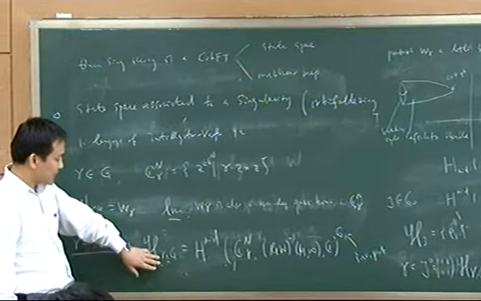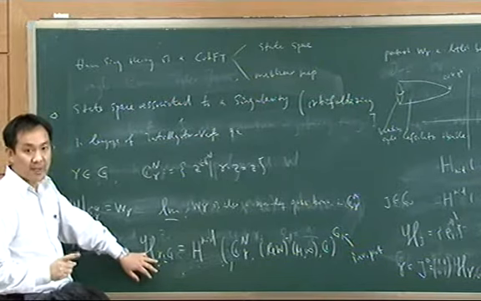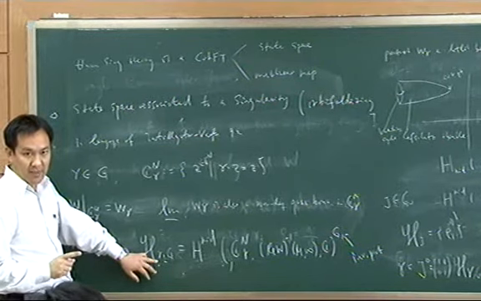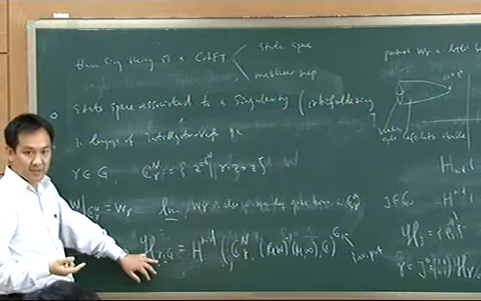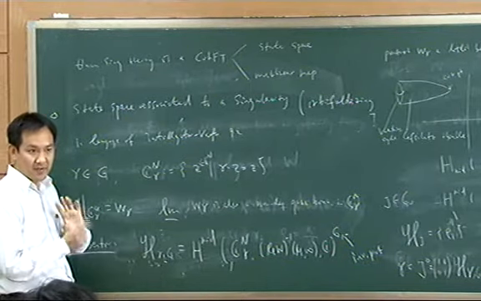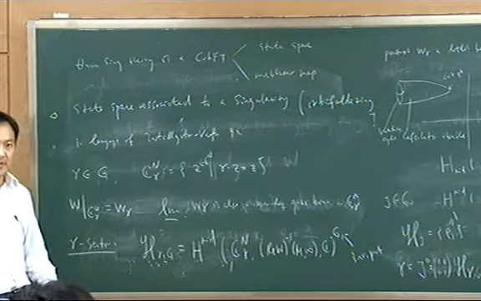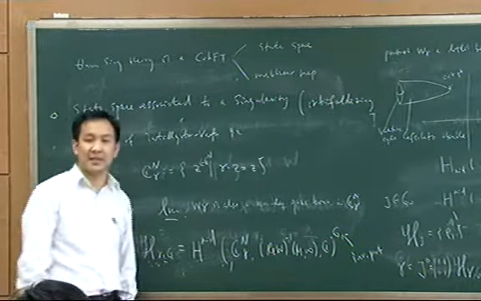For E7 we have 9 group elements, so we have 9 sectors. Each sector contains the G invariant part. So this gives you the elements in the state space.